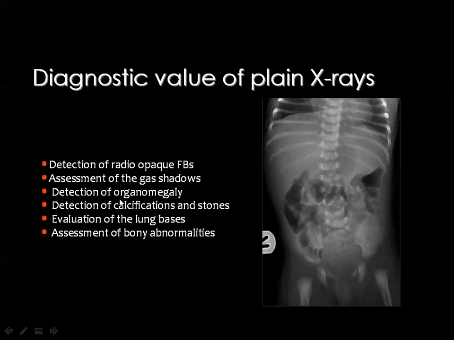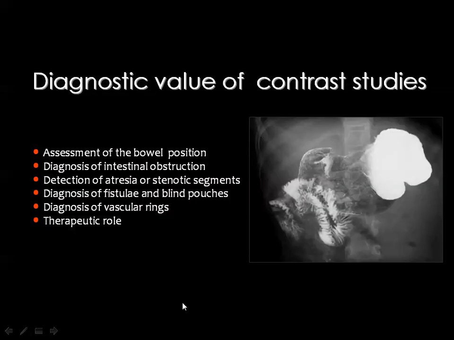It detects also organomegaly, especially whenever the liver is enlarged or the spleen. It detects calcifications and stones, also can help in the evaluation of the lung bases, which may provide a clue for many of the abdominal pathologies. Also, it can show bony abnormalities, which can help also in the diagnosis.